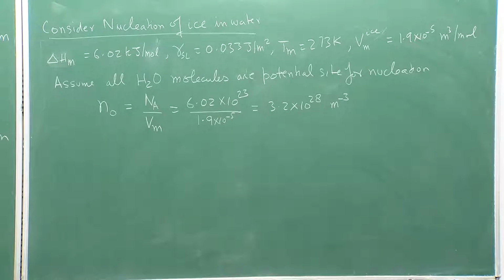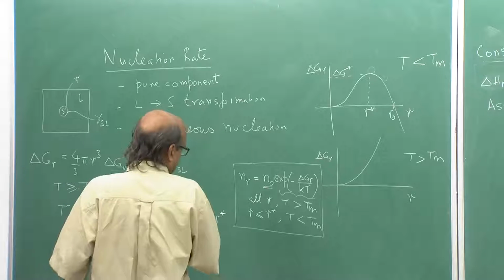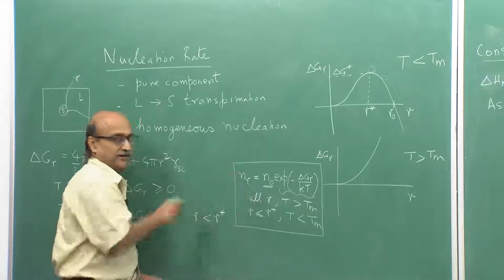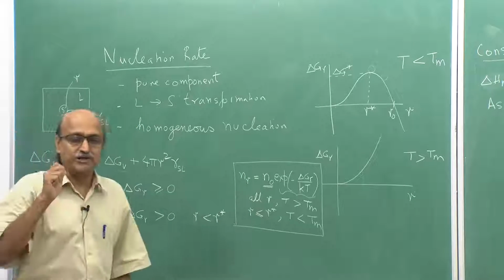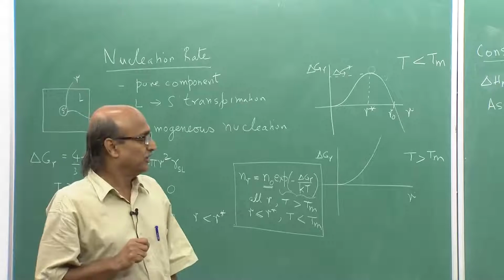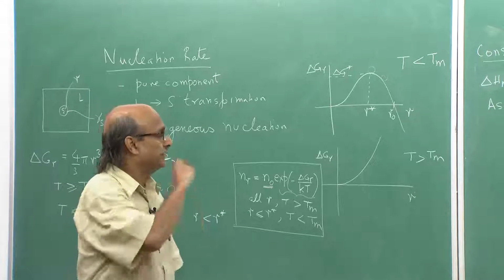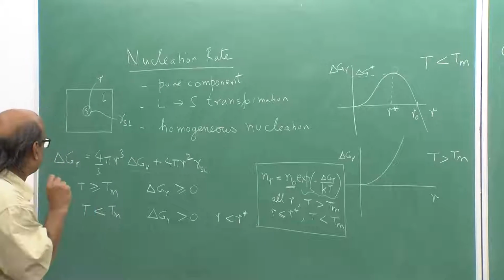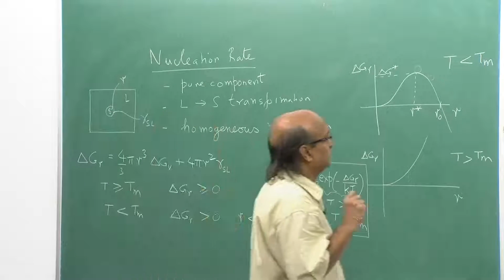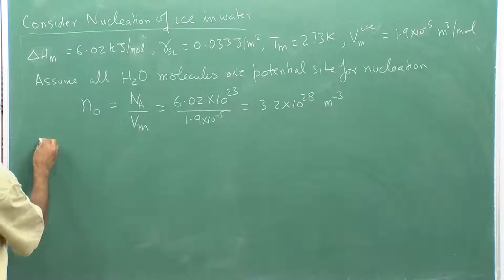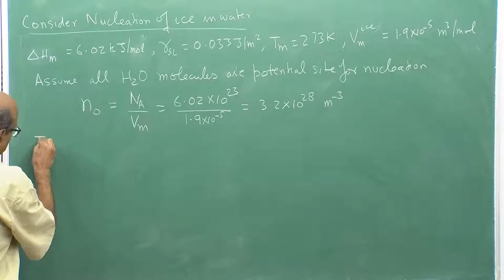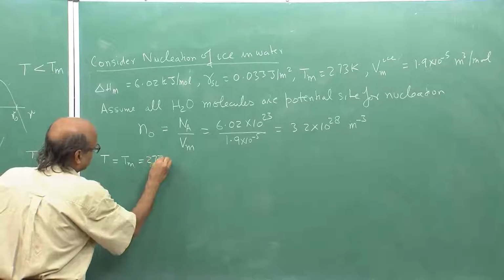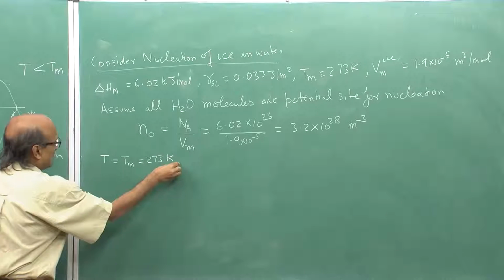Now, let us try and see what kind of estimates for NR I get for different sizes of the nuclei nucleating at a specific temperature. And let us also consider this at the melting point itself. So, let us take the temperature to be equal to Tm, which is 273 degrees Kelvin.